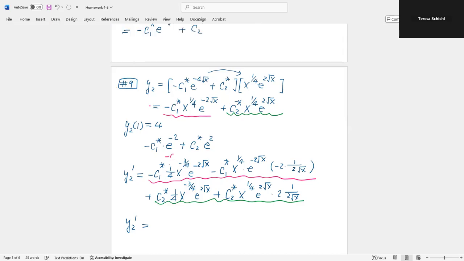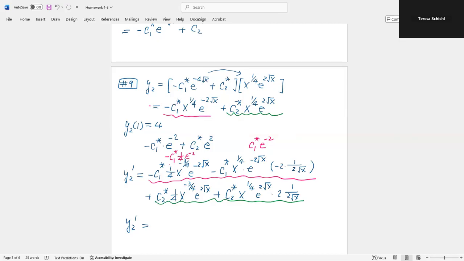So this is negative C1 star 1/4 e to the negative 2. Then this part is positive, so this one will be C1 star e to the negative 2, correct? I hope that's correct.